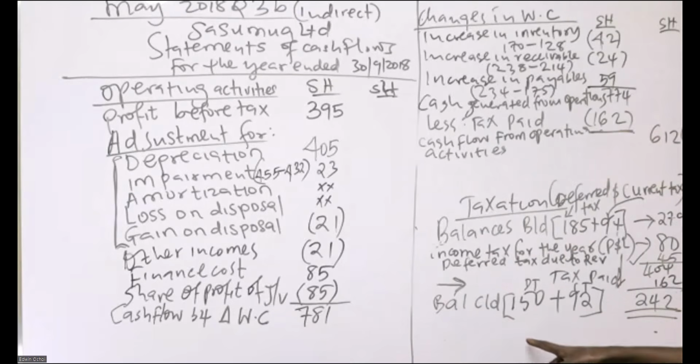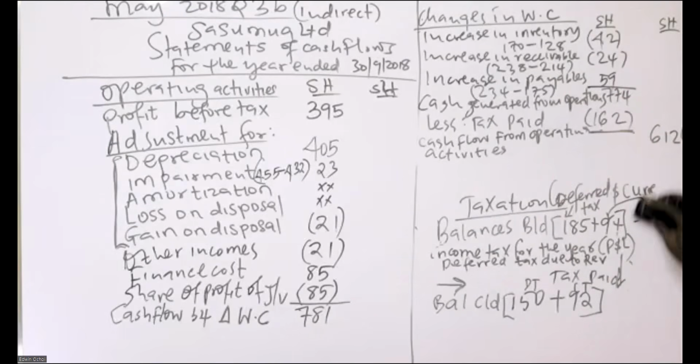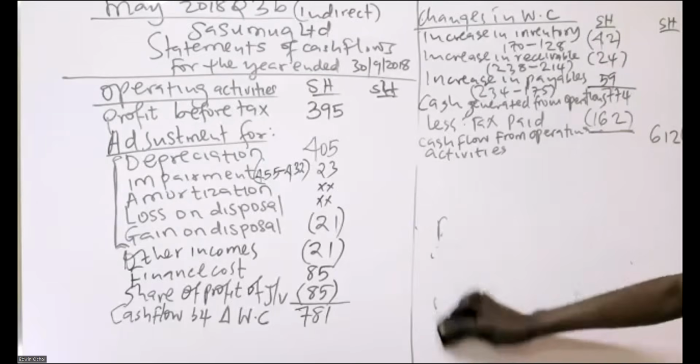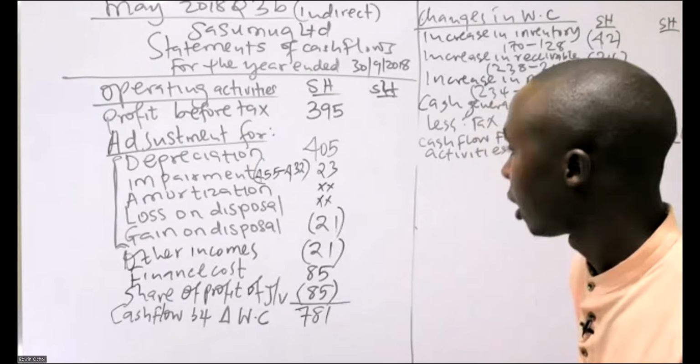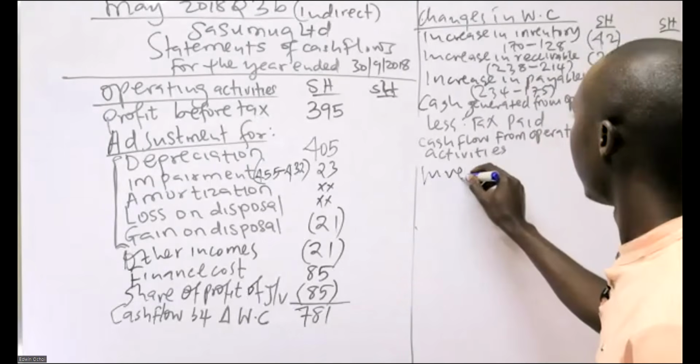So at the end of the year, the tax they are supposed to pay, that is both deferred tax and current tax, is 242. Why did it reduce from 404 to 242? Because they paid 162. All right, let's move to investing activities.